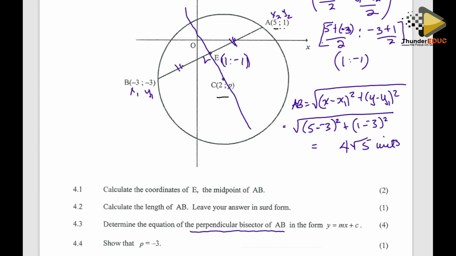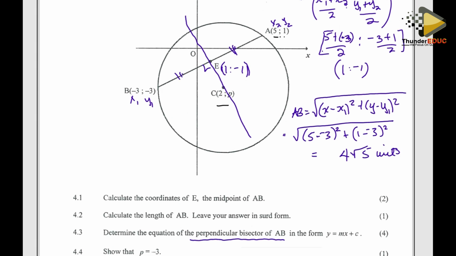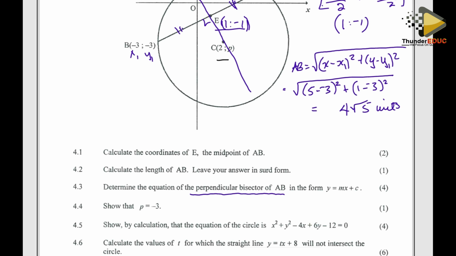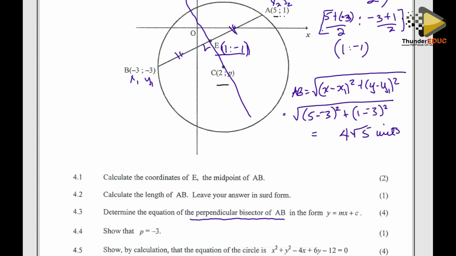So for us to get the equation of this line, what do we know about this line? We only know the coordinate E, which is (1, -1).